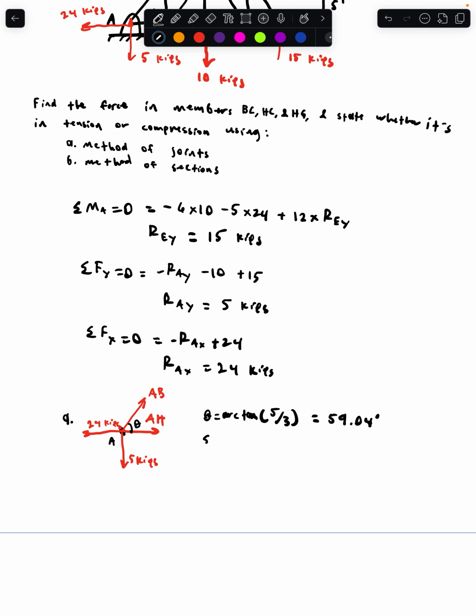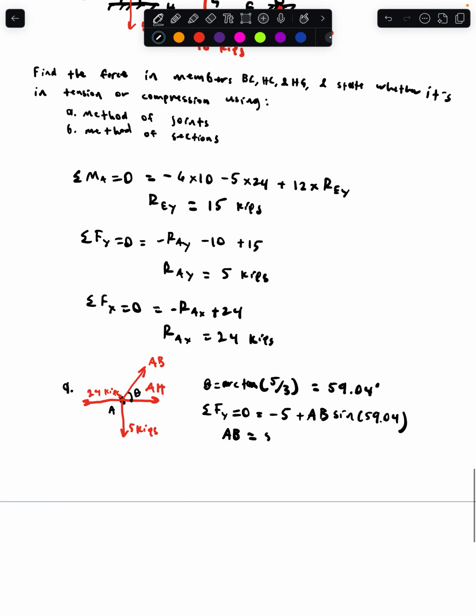So if we do the sum of the forces in the y direction, set that equal to 0, we have -5, and we have plus our member force times the sine of that angle. And so our member force in AB is going to be 5 divided by the sine of 59.04, which is 5.83 kips.